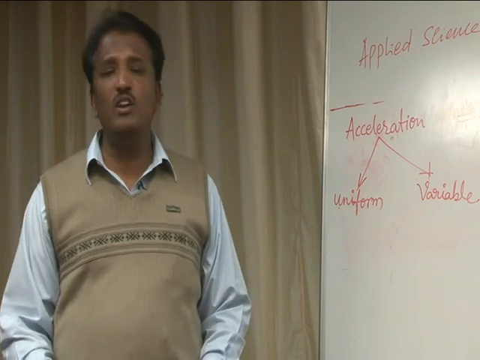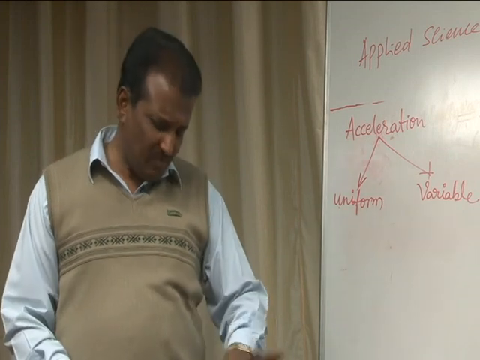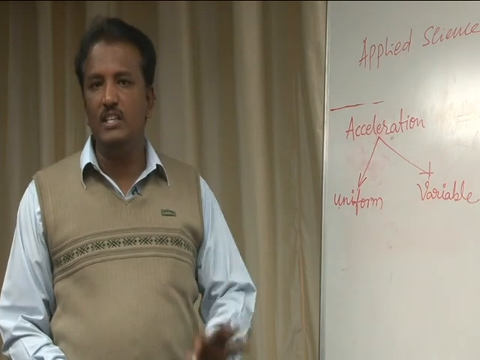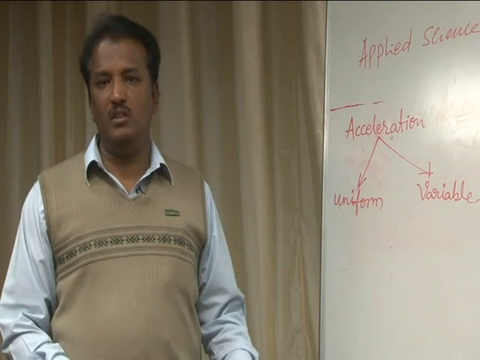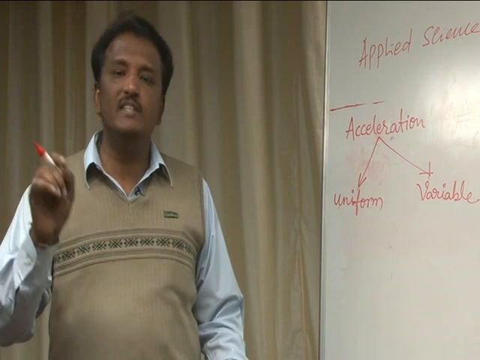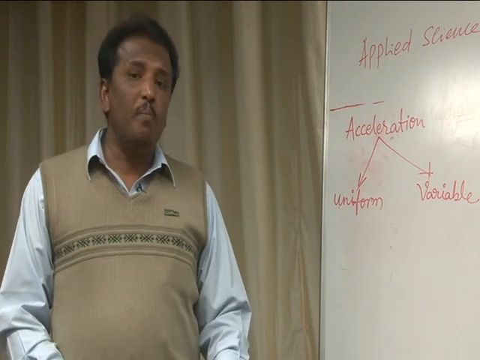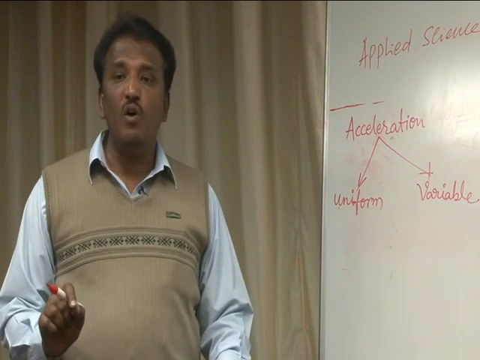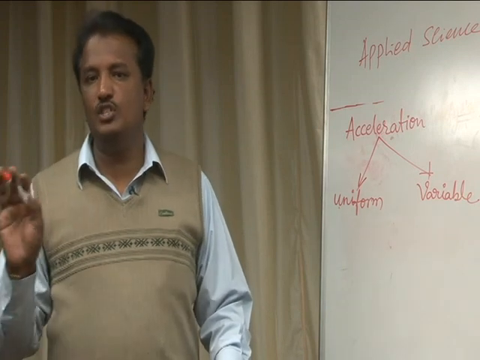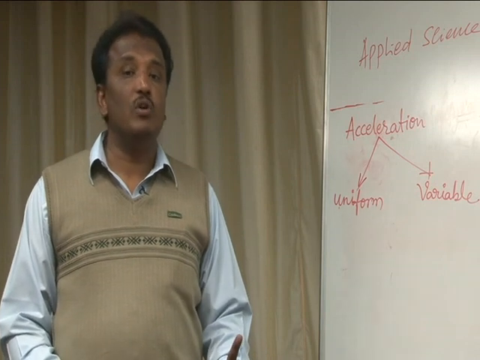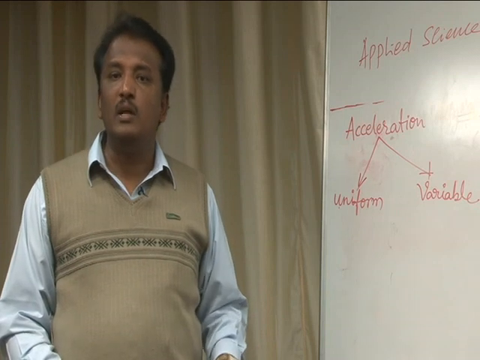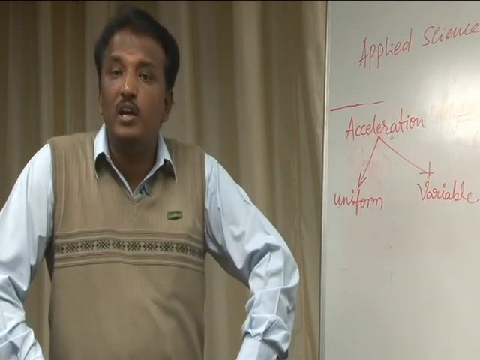The point to be noted here is, if a body is at rest, its velocity should be 0. The question of velocity arises only for a body which is under motion. If a body moves with a uniform velocity, definitely its acceleration should be 0, because the question of acceleration arises only when the body moves with a variable velocity.